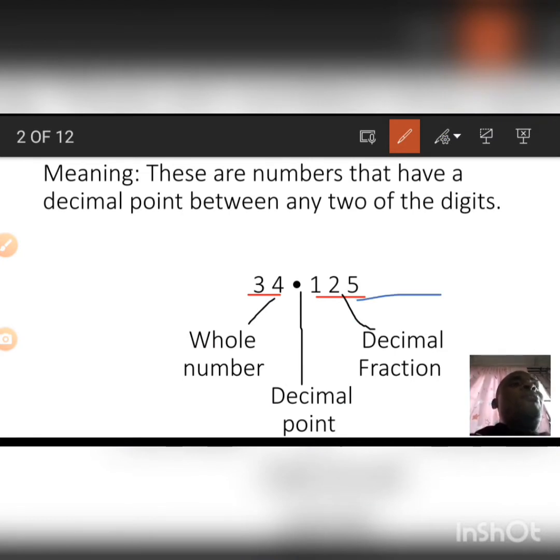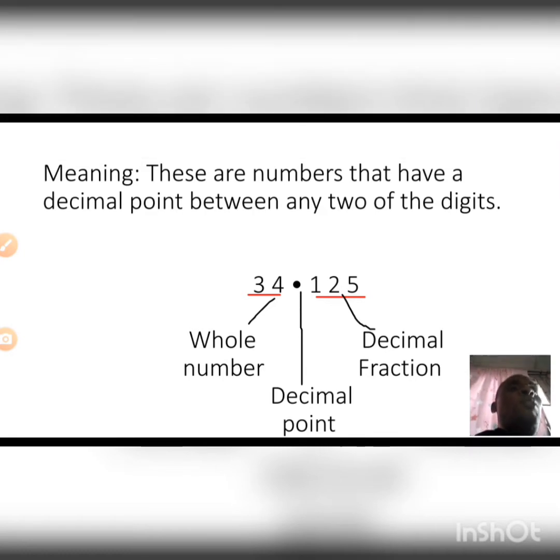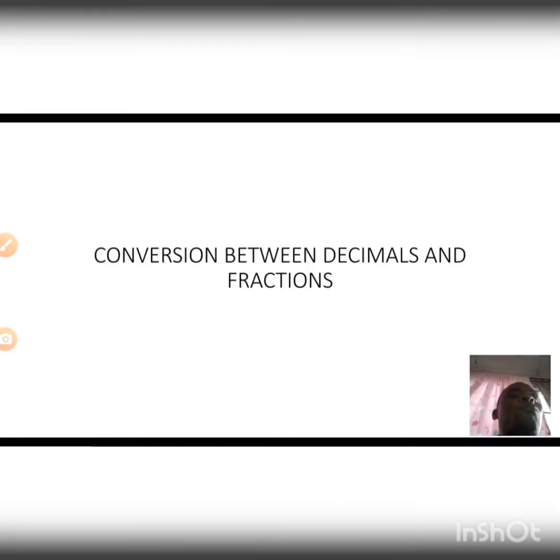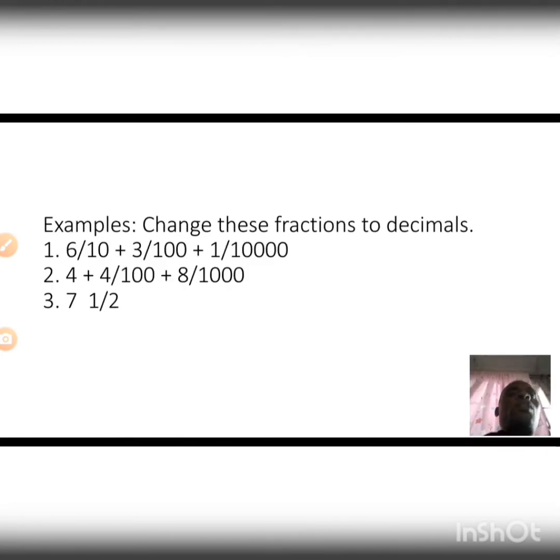All right. Now let's look at how we can convert between decimals and fractions. Well, we have two questions here. We have 6/10 plus 3/100 plus 1/10,000.